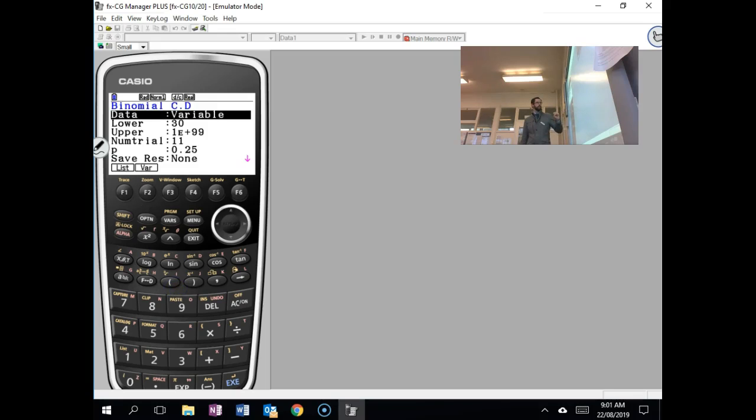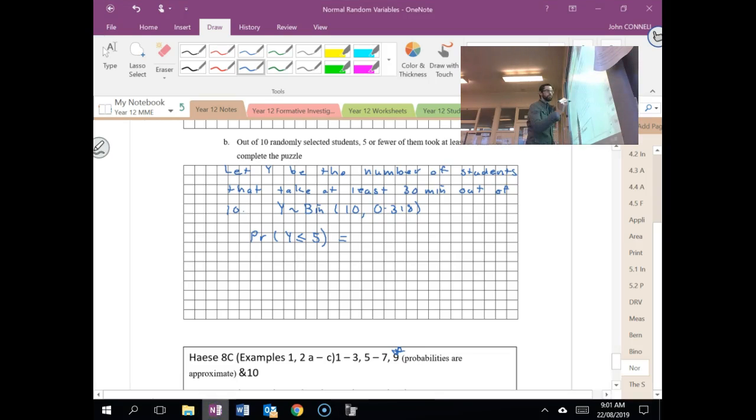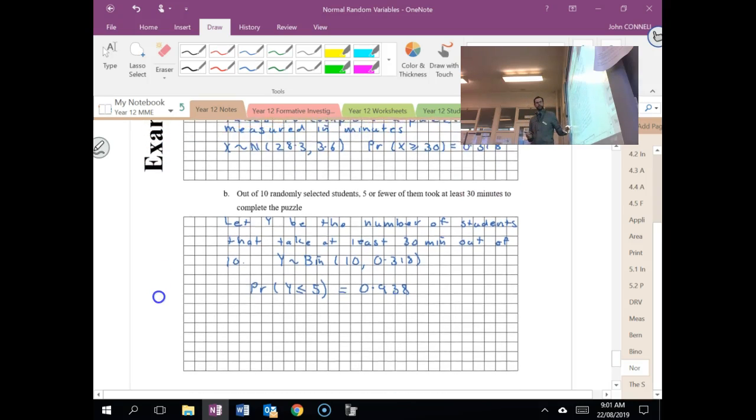We're going to go B, C, D. Our lower is going to be 0 because it's 5 or fewer, so we can go down to 0. Our upper will be 5. Our number of trials is 10, and the probability of success we worked out was 0.318. We calculate that number, we get 0.938. So there's a 93.8% chance that 5 or fewer are going to take at least 30 minutes.